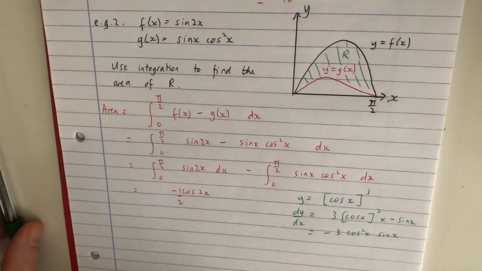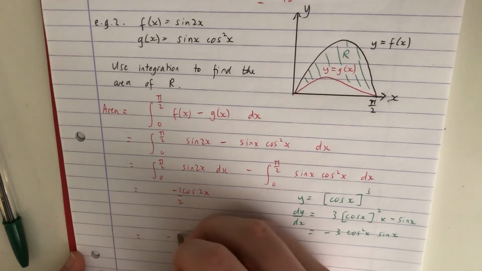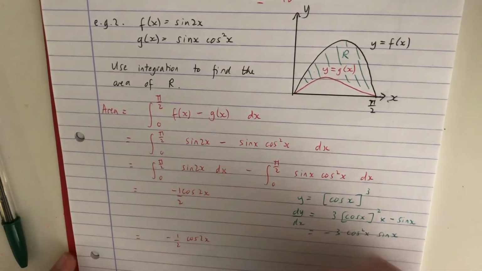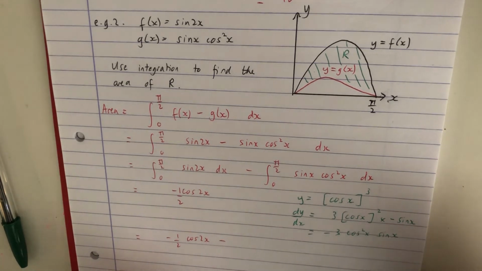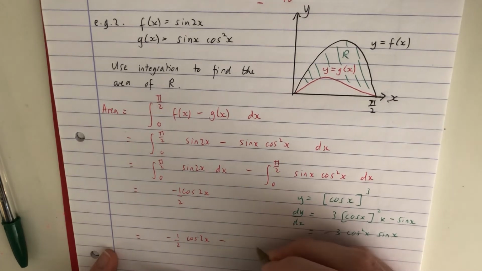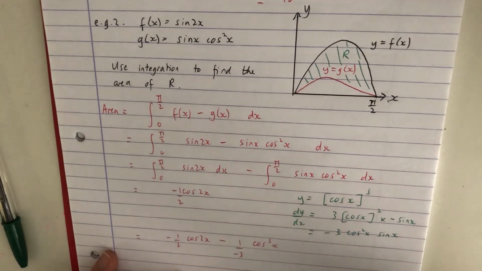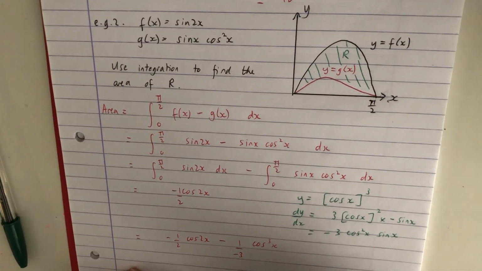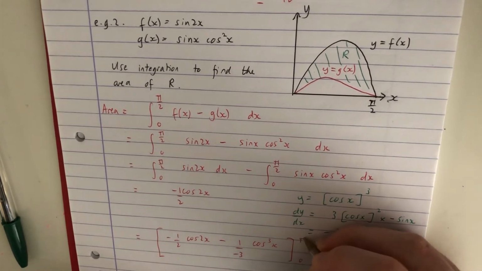Okay, so let's continue. That's equal to minus a half cos 2x, and then my guess is out by a factor of negative 3, so I have to divide by minus 3, so it would be my guess, which is cos cubed x divided by minus 3, like that, between the limits 0 and pi by 2.